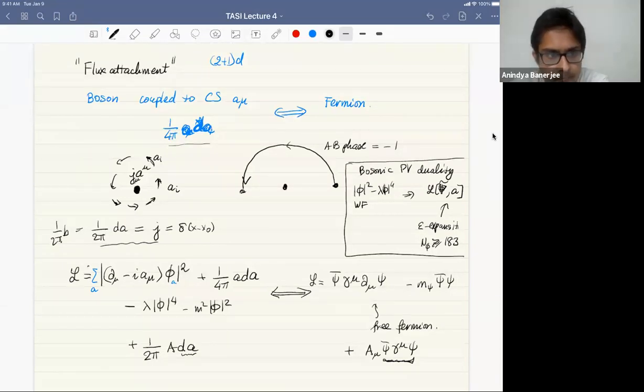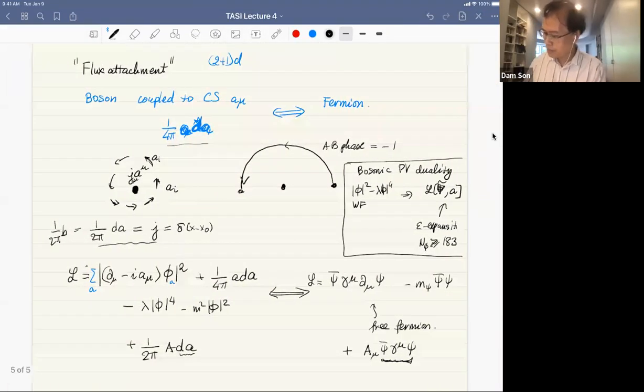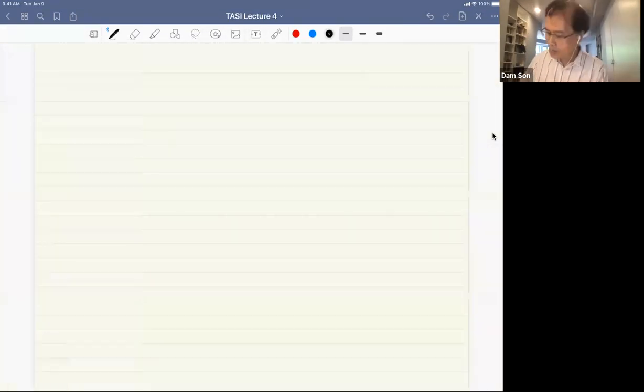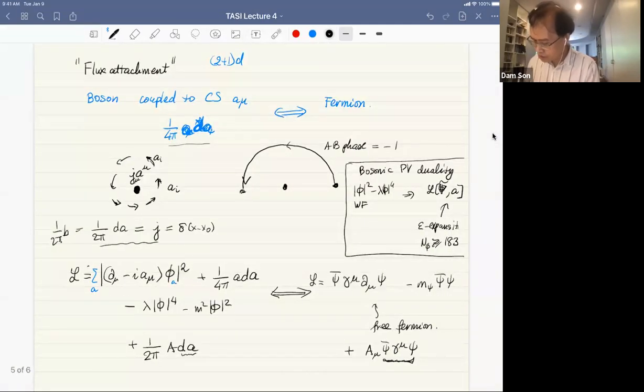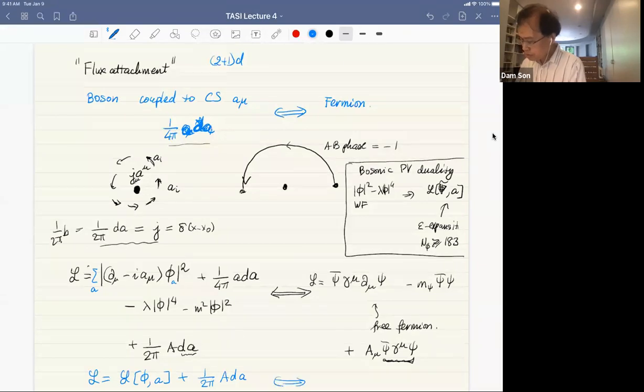Yeah, that reminds me of another check that one can make. So let me do this check. But before that, I'm going to shorten the notation. So I'm going to write L equals L of phi, A. That is just phi with all the phi-four and mass terms coupled minimally to A, plus 1 over 2 pi A dA, is dual to a theory which is a fermion coupled minimally to A_mu.